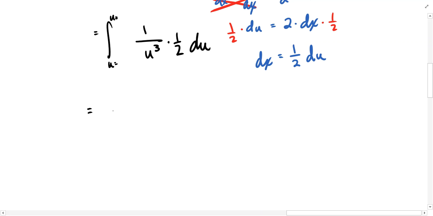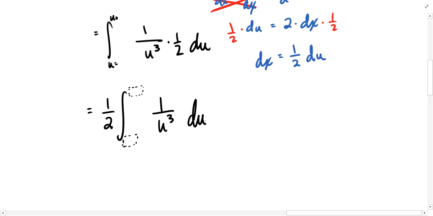So when I actually compute the definite integral, I can just move that 1/2 to the outside and compute the integral with my new boundaries, which I still haven't established yet, but I'll show you how to do that in just a second. We're going to do that by finding the antiderivative of 1 over u cubed with respect to u. So we're actually in pretty good shape so far.